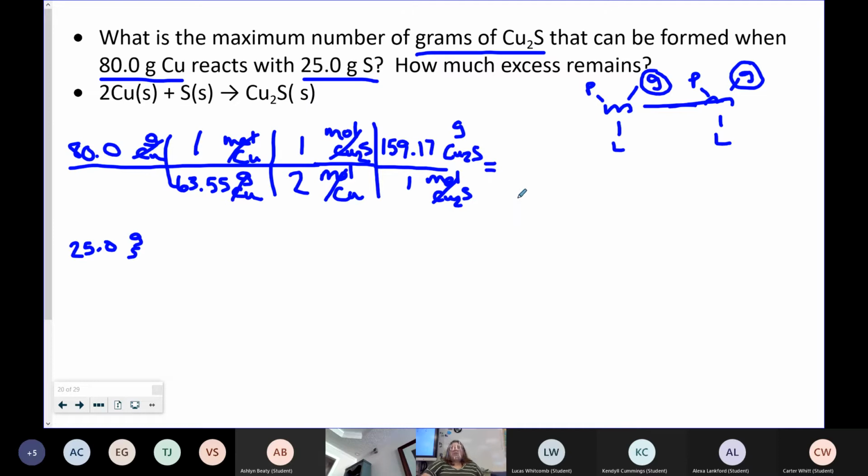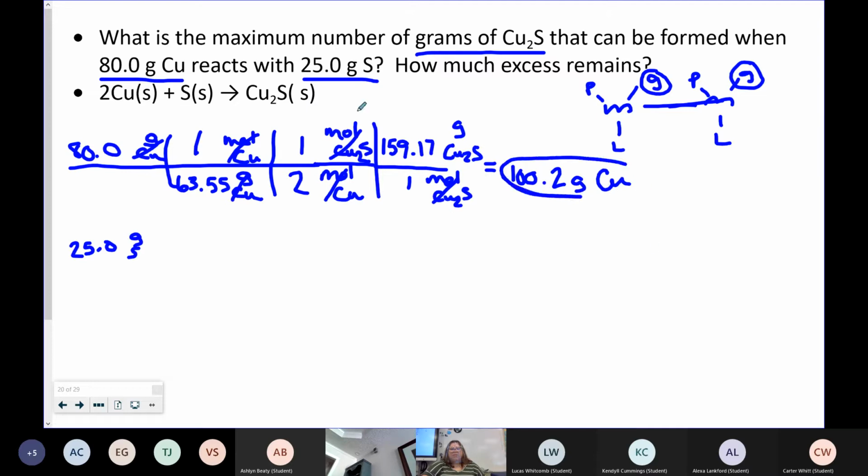So calculate, remember, anything on top we multiply by, anything on the bottom we divide by. So 80 divided by the 63.55 divided by 2 times the 159.17. So this will make 100.2 grams of copper.